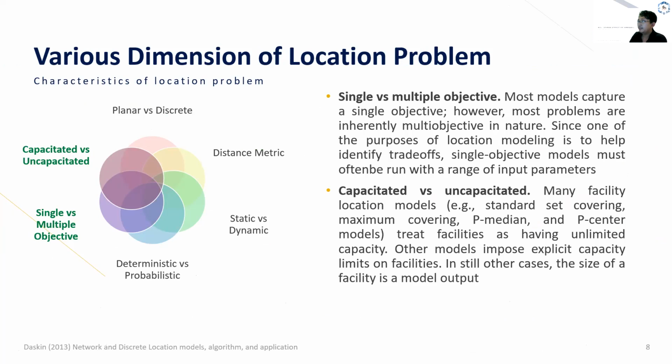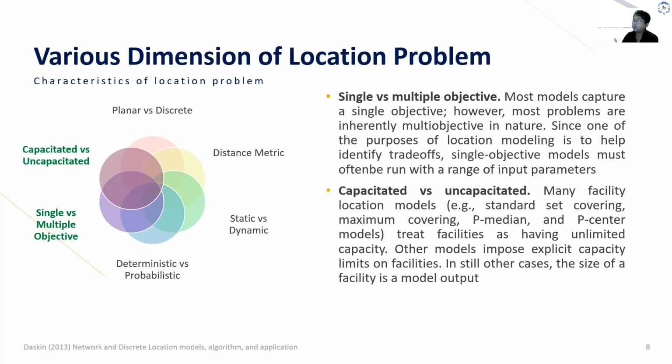I go directly to the various dimensions of location problems. We can represent location problems in terms of their objective, whether it's a single objective or multiple objectives. A single objective problem means that we want to focus on one particular decision factor.